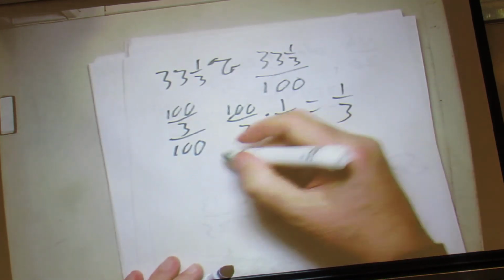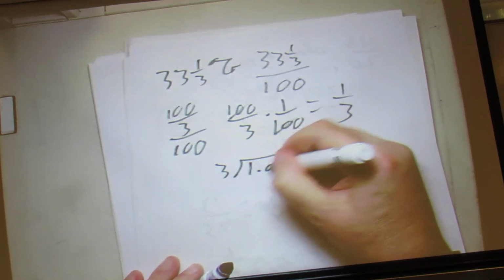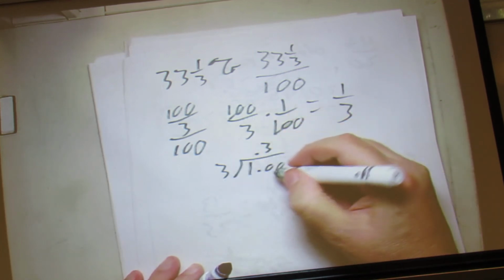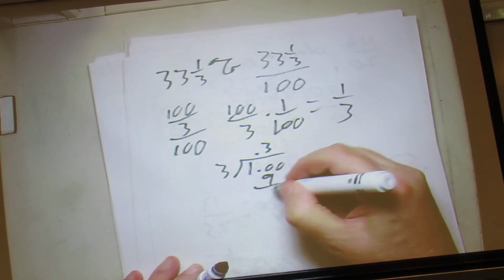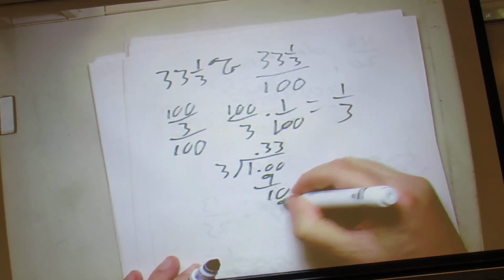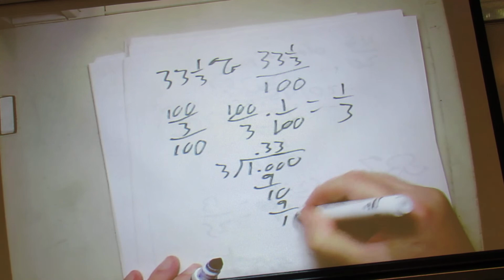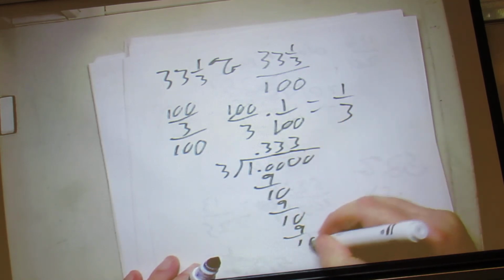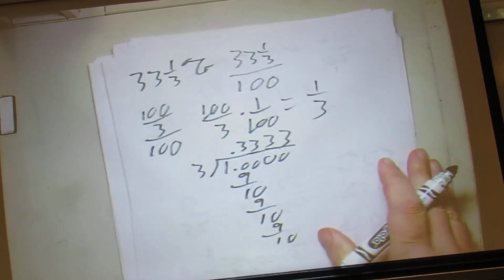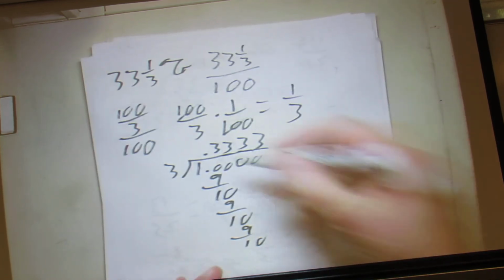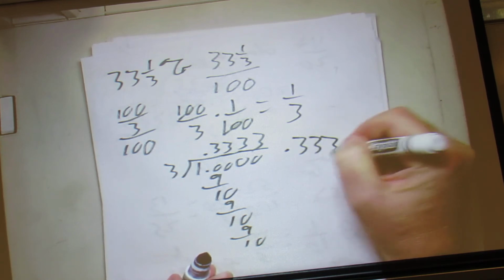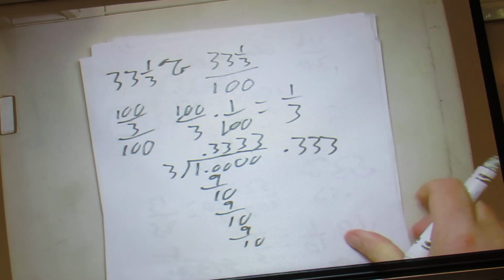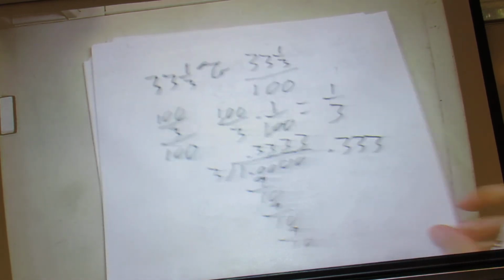And change this into a decimal. 3 goes into 1. 3, 9, 1, 0, 0, 3, 9, 1, 0, 0, 3. It does say on this question to round to the nearest thousandth, so put 0.333 or whatever you get on this one. But go that far on it.